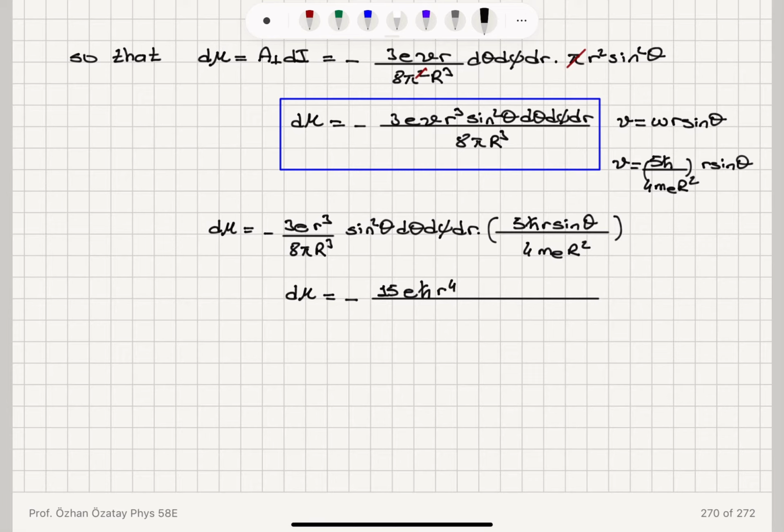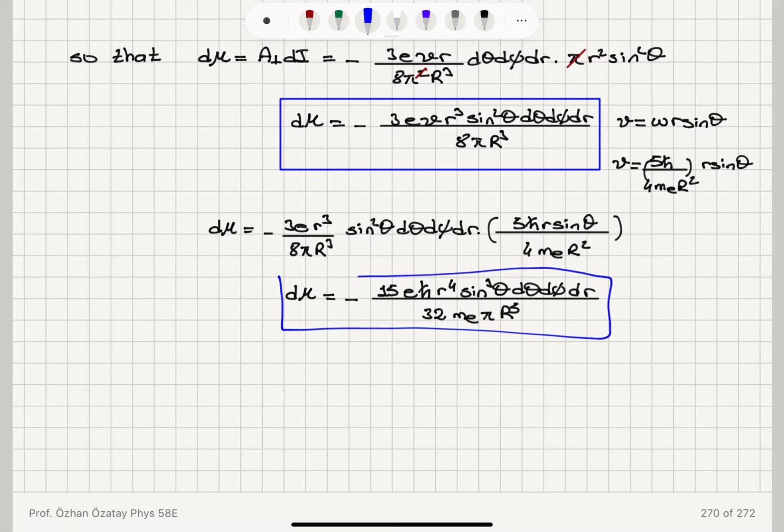Sine squared multiplied with sine gives us sine cubed theta, d theta d phi dr, divided by 8 times 4, 32, mass of the electron, pi capital R to the fifth power.